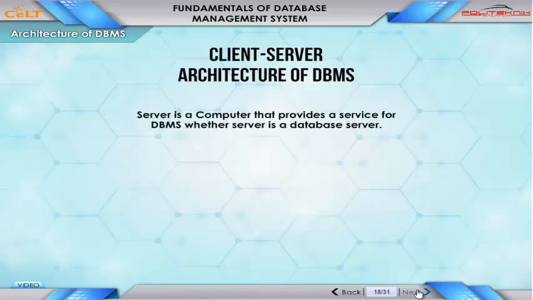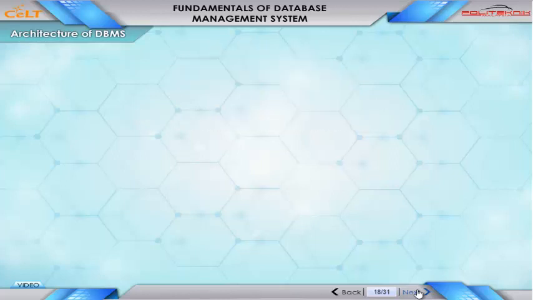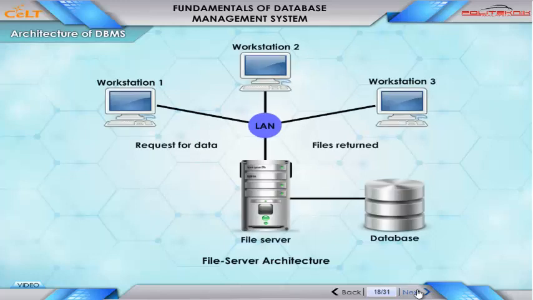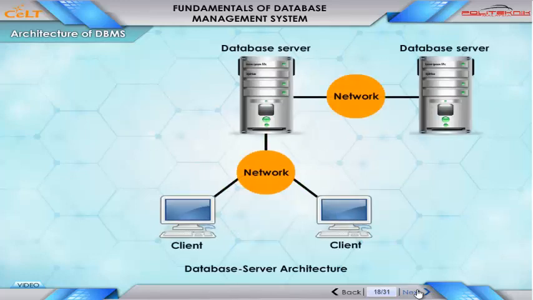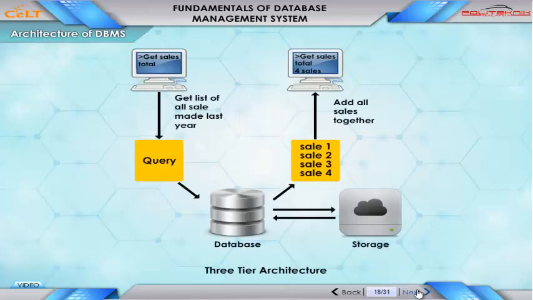A server is a computer or PC or mainframe that provides a service for DBMS, where the server is a database server. There are several types of client-server architecture. The architectures which you need to know are file server architecture, database server architecture, and three-tier architecture. Click next to know more about the types of client-server architecture.